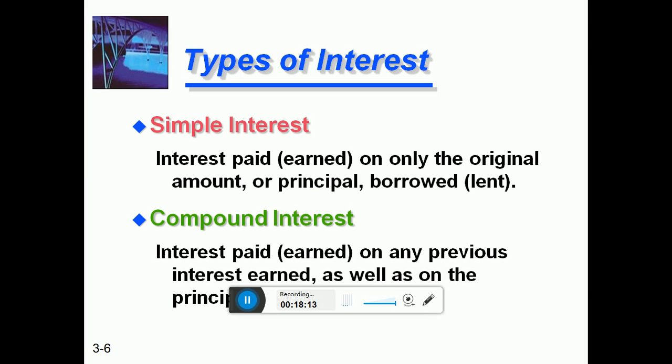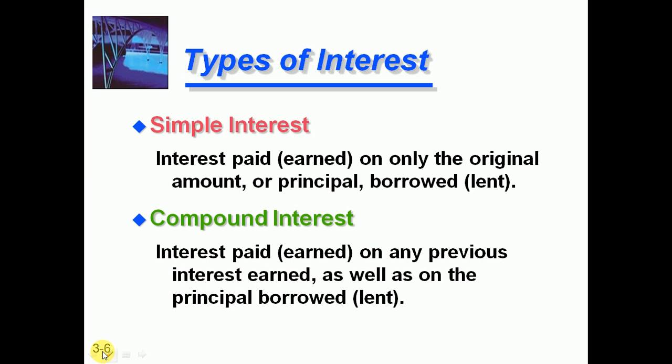Now see the second, that is compound interest. Interest paid or earned on any previous interest earned, as well as on the principal borrowed or lent. Here is the difference. You will receive interest on the principal amount as well as interest on the previous interest earned.